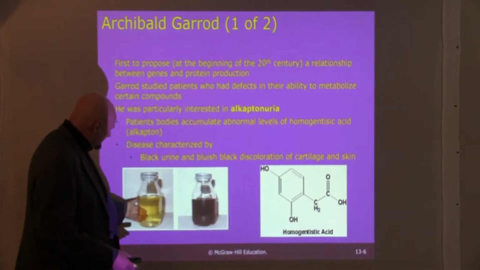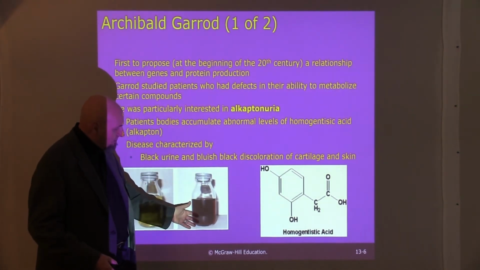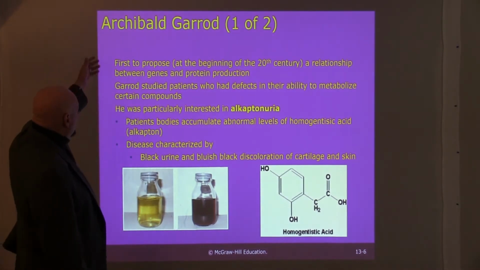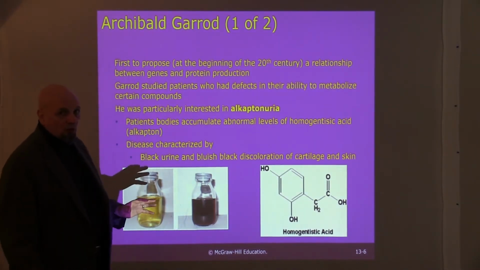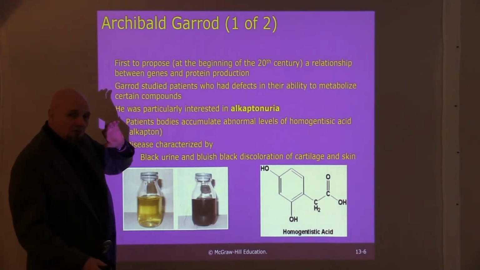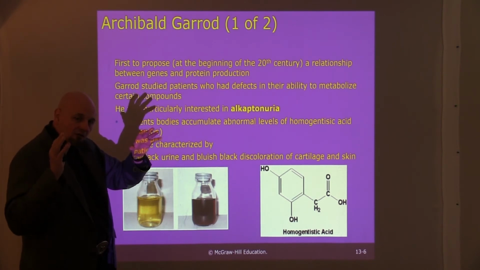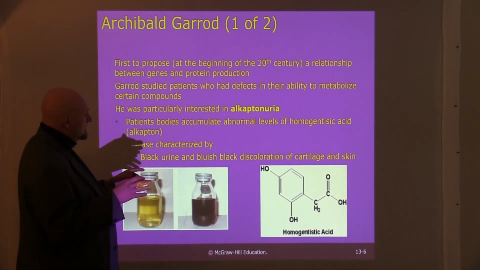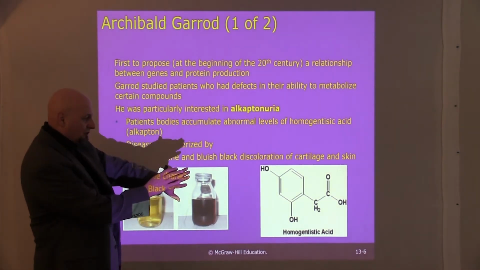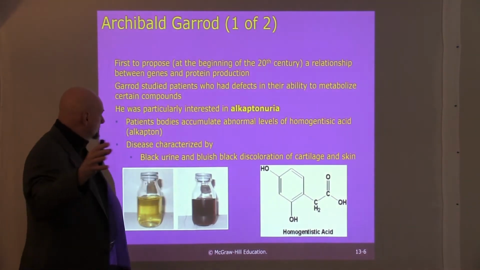Instead of having regular urine, they had a compound ending up in the urine that shouldn't be there. He was the first one to propose that there was a relationship between genes, which they were just starting to understand must be the genetic material, and protein production. This is where they were just starting to understand that genes express themselves through the production of proteins.